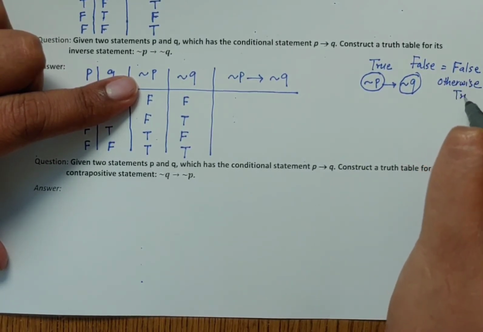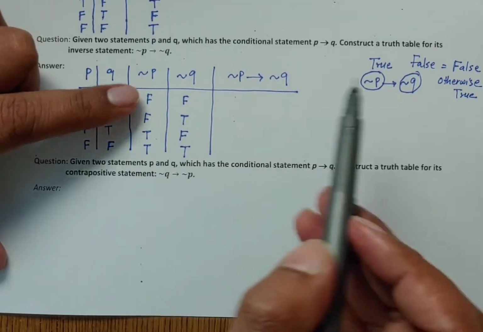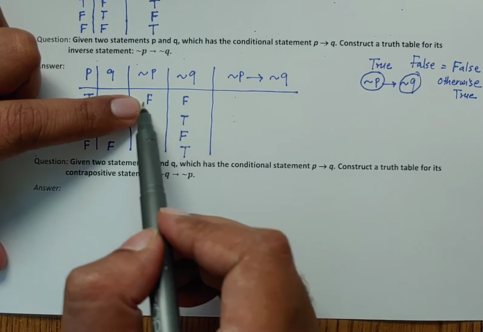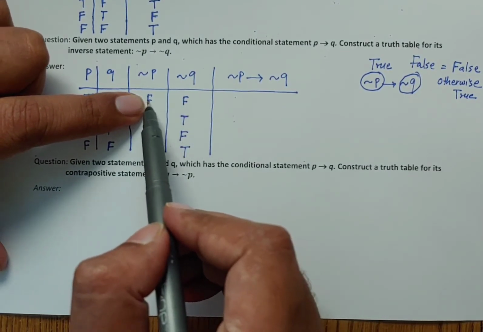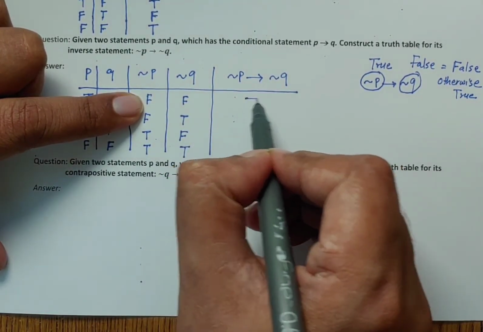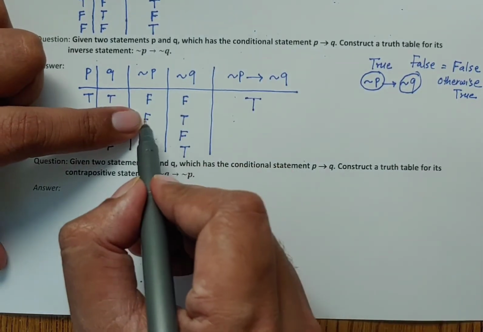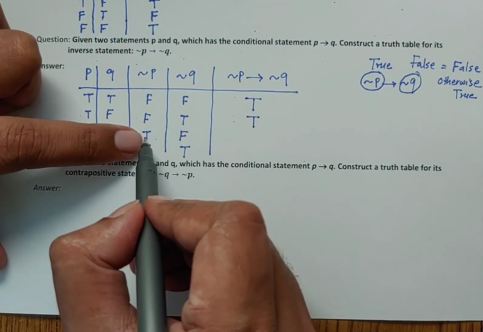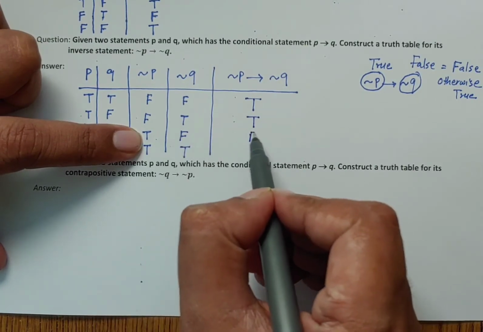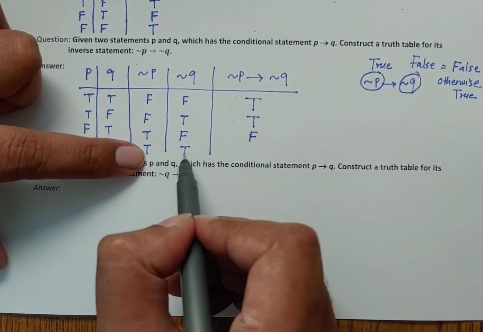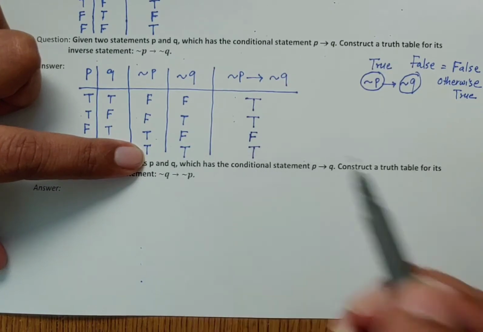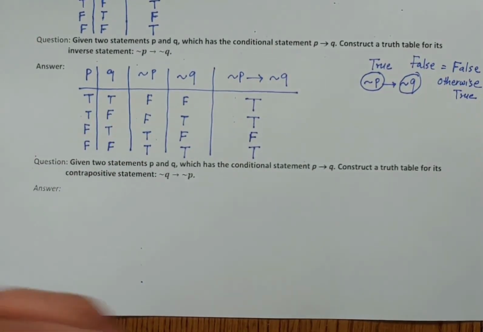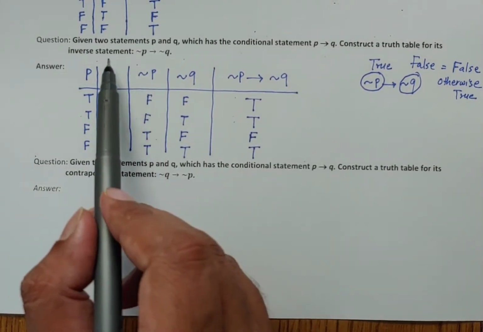Okay, so negation of P to negation of Q. So this implies this. False implies false is true. False implies true is true. True implies false is false. True implies true is true. So we got the table. Okay, so this is the table for the inverse statement.